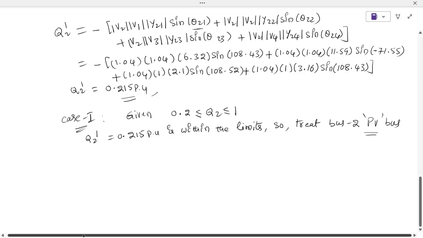See, now what is the formula for the bus voltage? Already we have derived this equation.